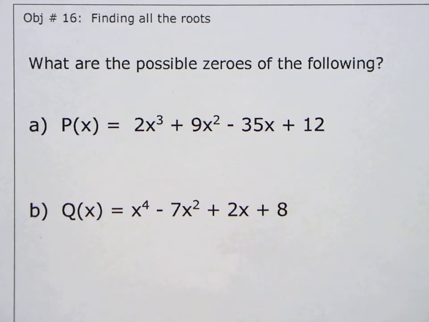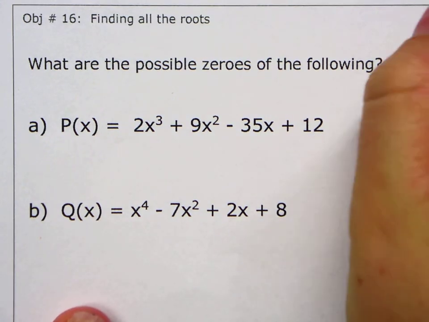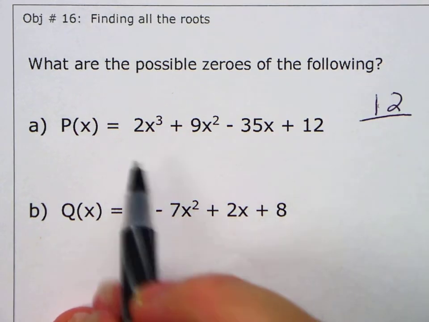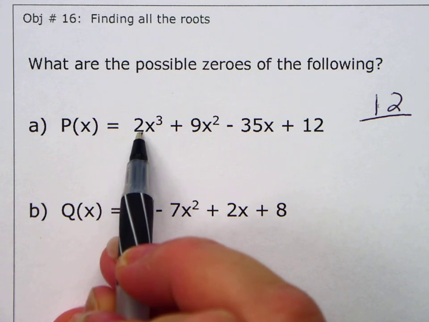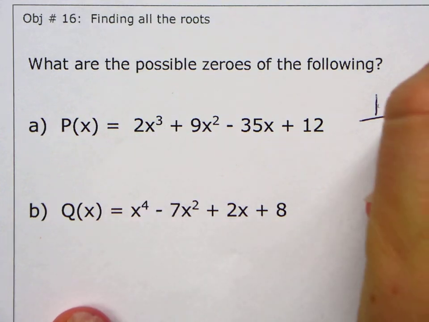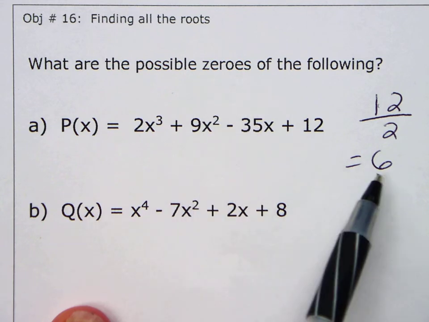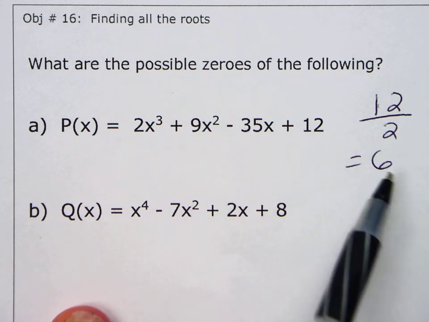All right, so using that theorem, we take the very last term, that 12, and we divide by the coefficient of the degree. 3 is the degree, so divide by 2, and you get 6. So all the possible zeros are factors of 6.